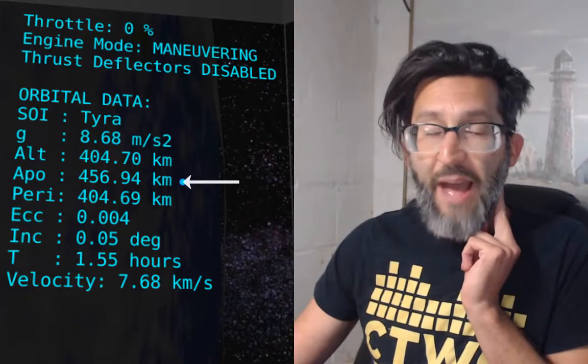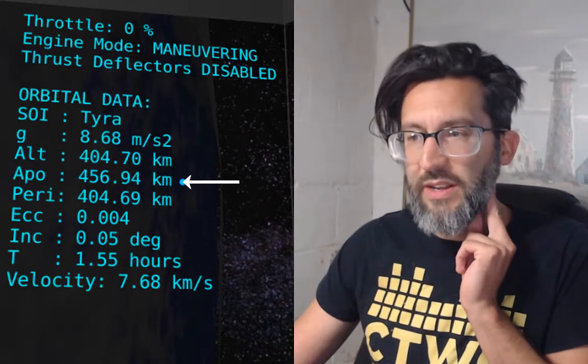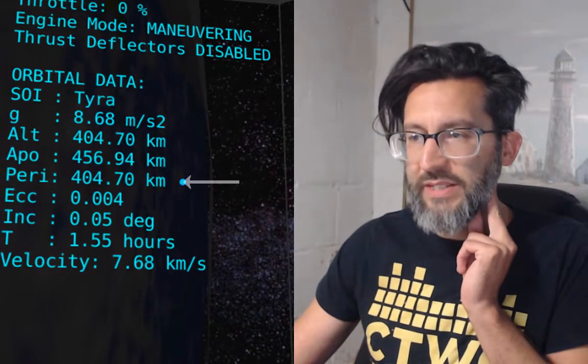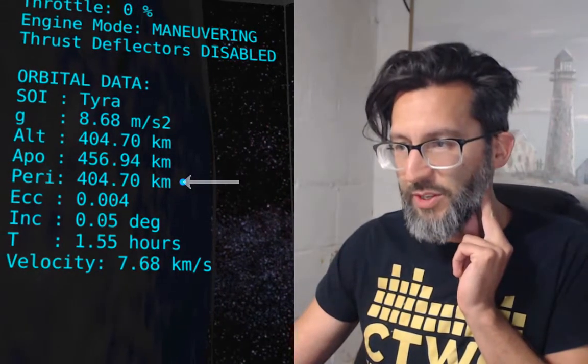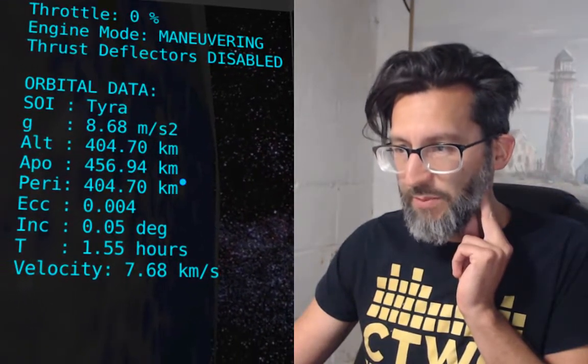Apo is apoapsis. This is the highest point in your current orbit. And peri is periapsis. That's the lowest point in your current orbit. So you can see from that we are currently at the lowest point in our orbit.